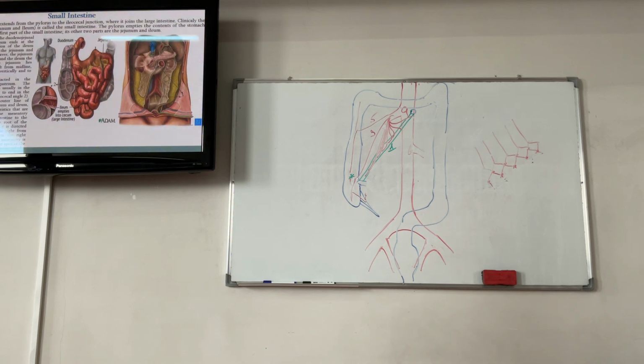But it cannot compensate for the supply of the opposite artery. That's why, friends, I told you that for the large intestine, we make hemicolectomy. If one of these two arteries is ligated, the whole part of the intestine which is supplied by this artery should be removed. Do you understand me or not?